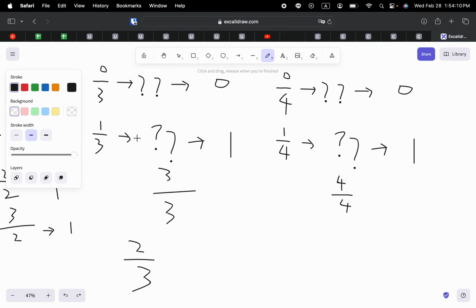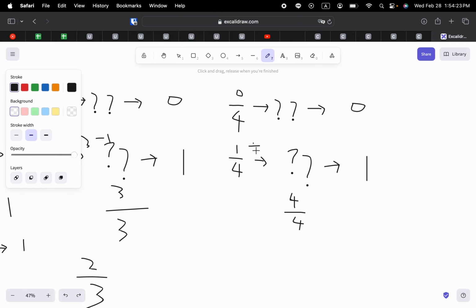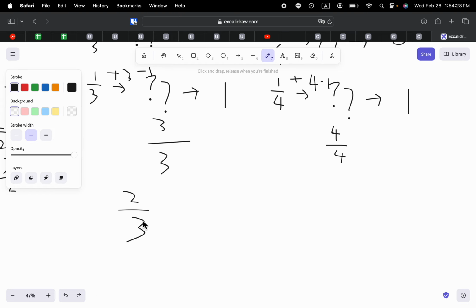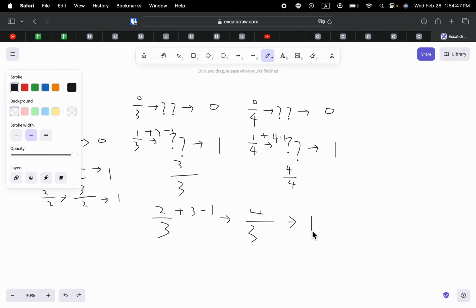Yeah, like she said, for this you add 3 minus 1, and for this one you add 4 minus 1. For example 2 over 3, you add 3 minus 1, then you get 4 over 3, and then you get 1. That's how you get the ceiling.